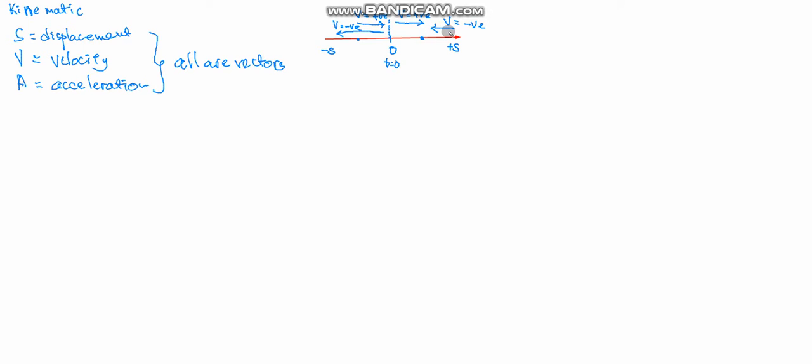Let's say the particle is here, at the positive s side, but if we travel this direction, then it becomes negative. Similarly, here is also negative. And similarly for acceleration, you also have positive and negative acceleration.